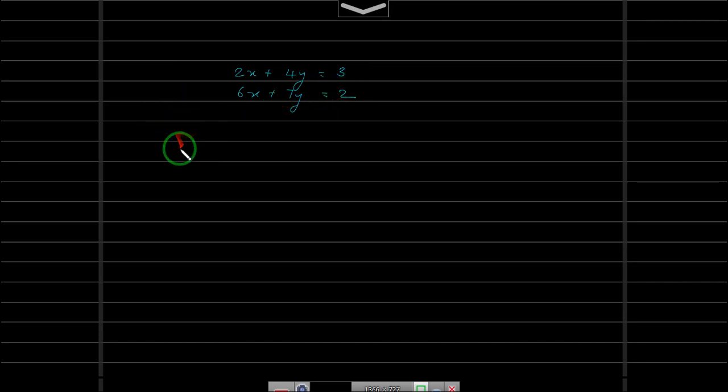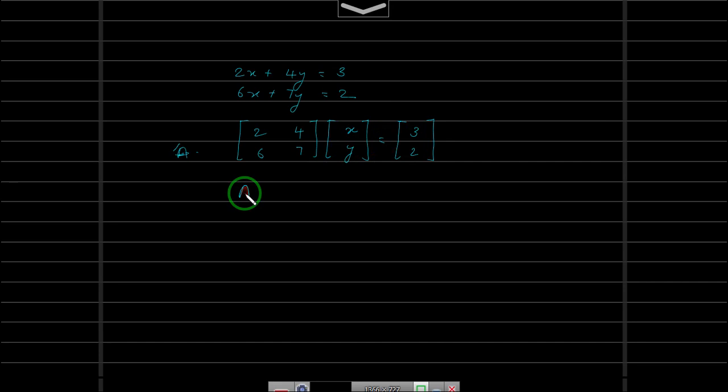Okay. In this case, let us write this in matrix form. This will be [2, 4; 6, 7] times [x, y] equals [3, 2].